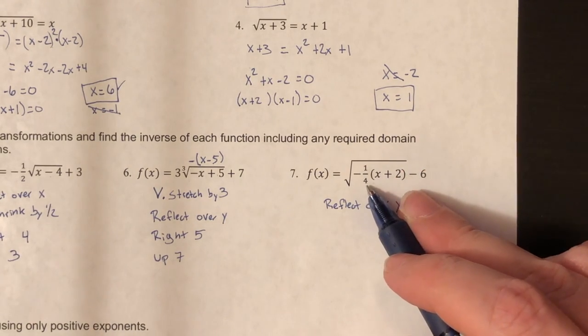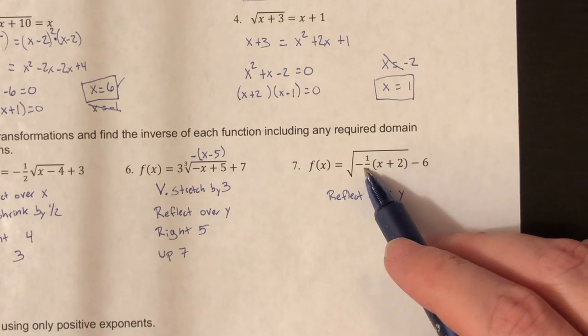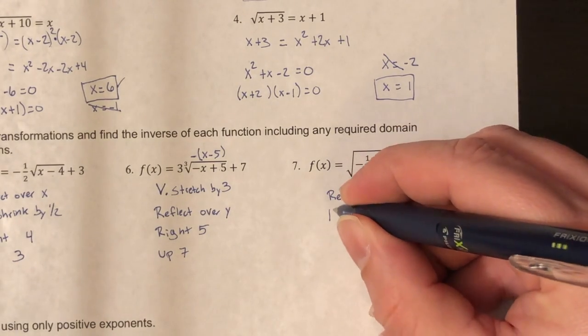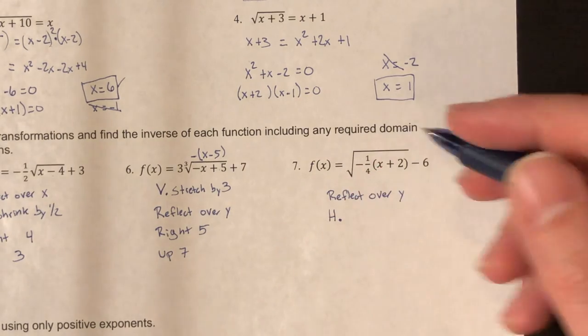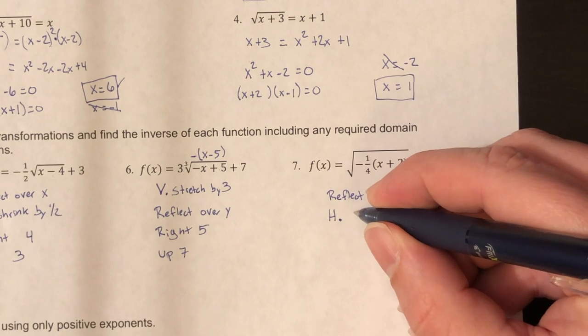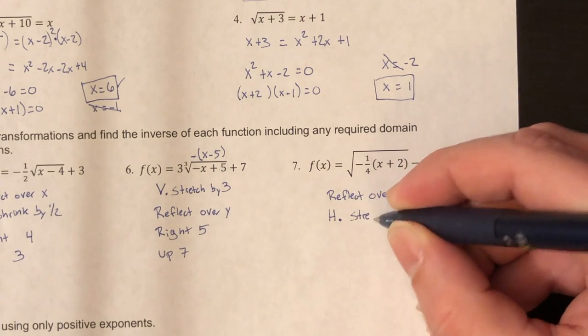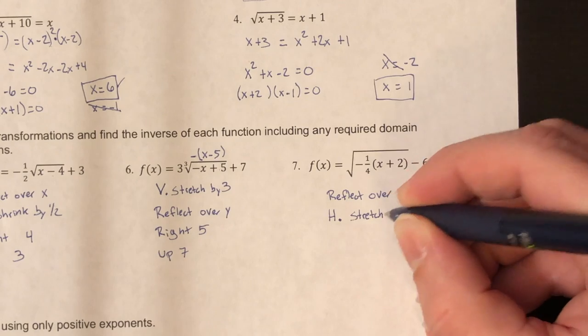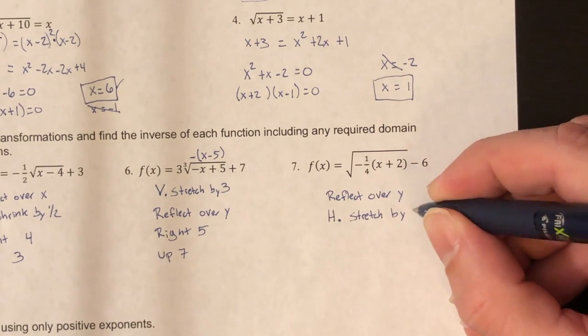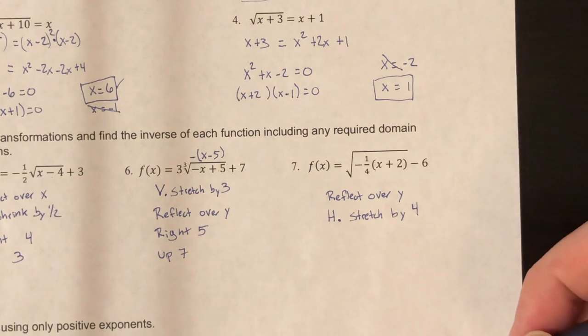The 1/4 under this radical, everything is horizontal. So this is a horizontal stretch or shrink. And because it is a fraction, that is going to be a horizontal stretch by the flip of that fraction. So a horizontal stretch by 4.